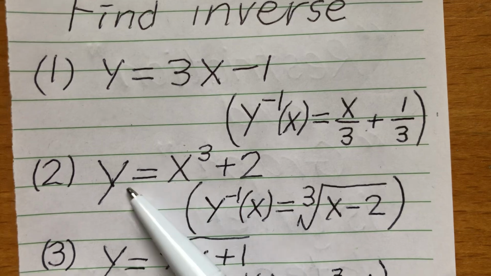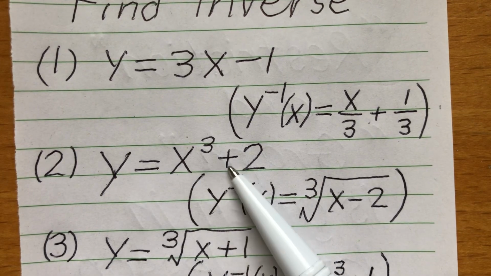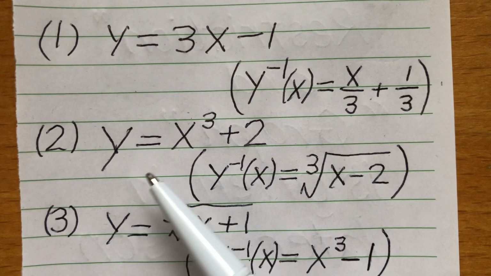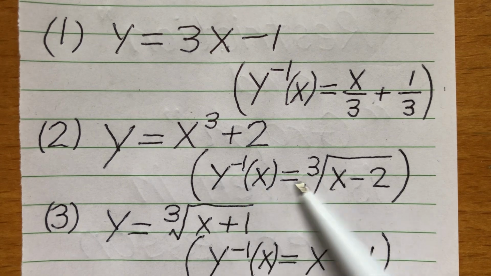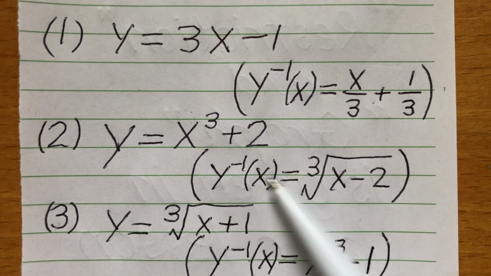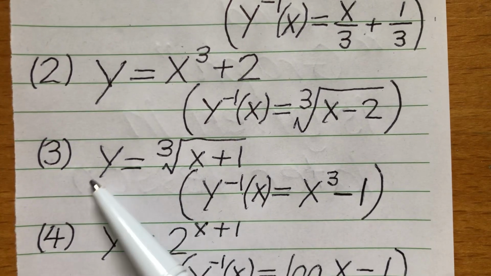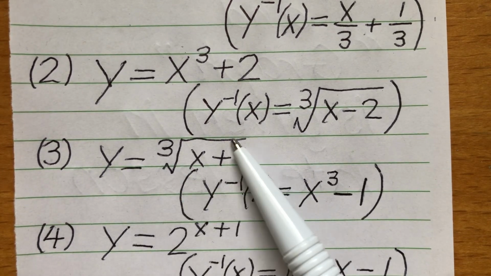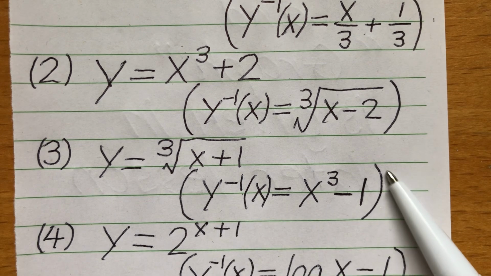The second practice question. y is x to the power 3 plus 2. Just like the first one, you do your best, and I give you the answer. Number 3. This is a given function, and the answer is given here.